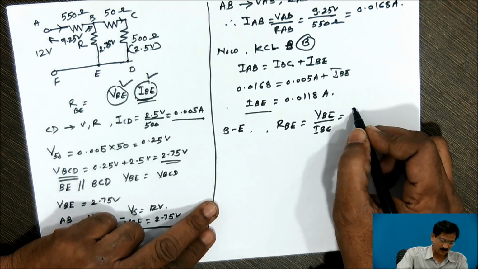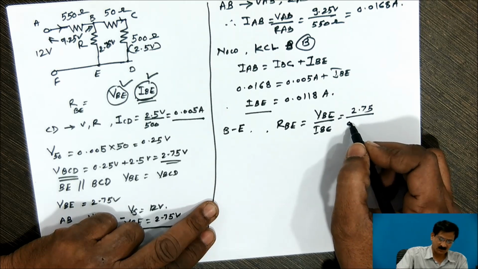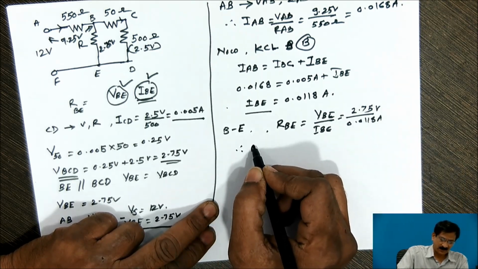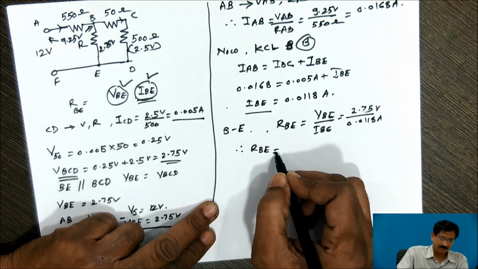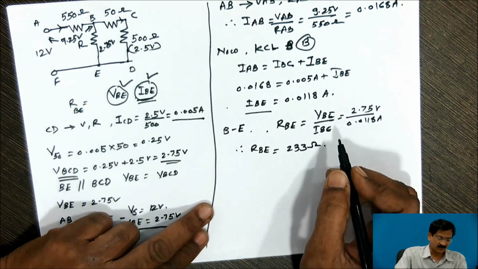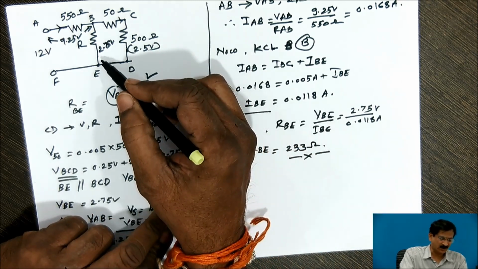It is 2.75, whereas IBE is 0.0118 amperes. Finally, RBE comes out to be 233 ohm. So this is how we were able to find out the value of the unknown resistance.